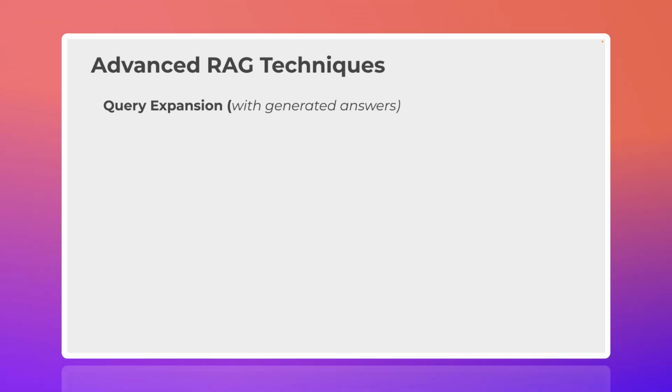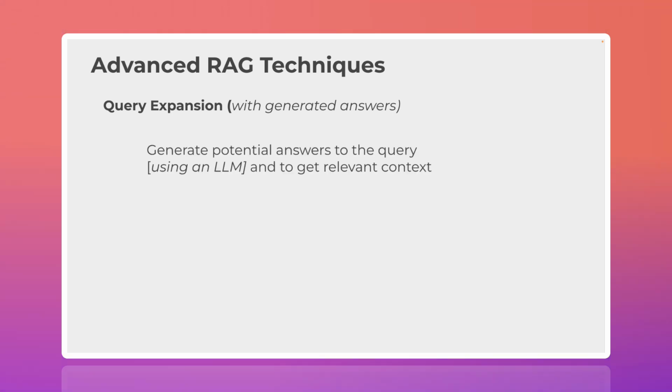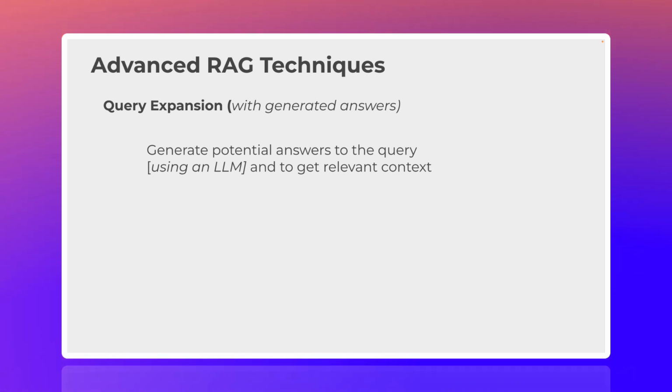In this case, it's going to be with generated answers. What does that really mean? It's that we're going to generate potential answers to the query. We're going to actually use a large language model to get relevant context. Query expansion, as an advanced retrieval technique, is used to improve the relevance of search results by augmenting the original query with additional terms or phrases.